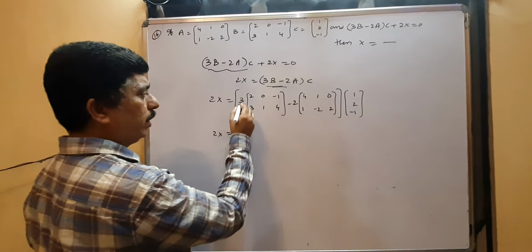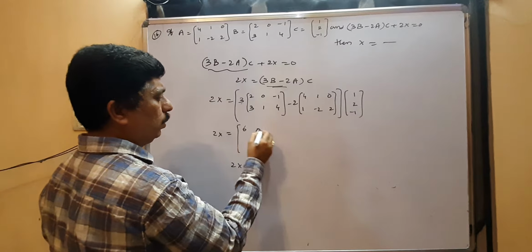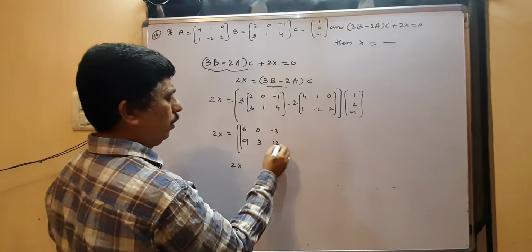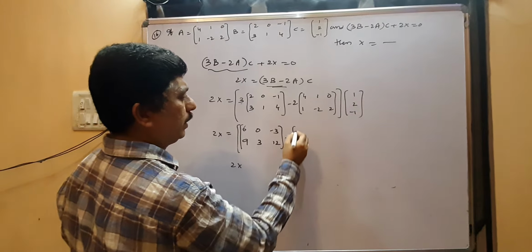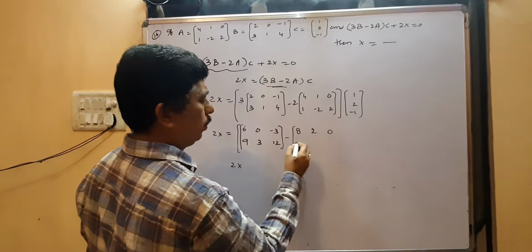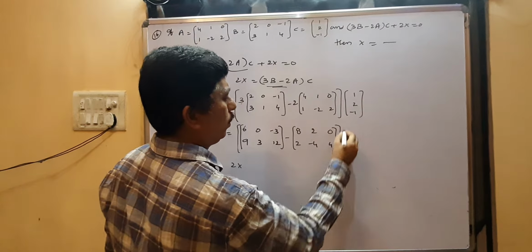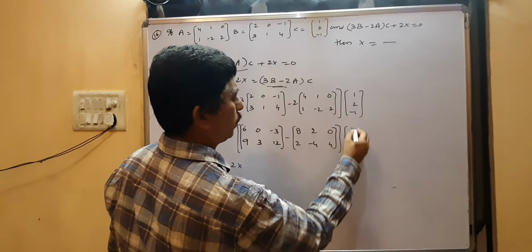Now 3 into 2 is 6, 0, minus 3, 9, 3, 12. 2 multiplied inside: 8, 2, 0, 2, minus 4, 4, into 1 2 minus 1.